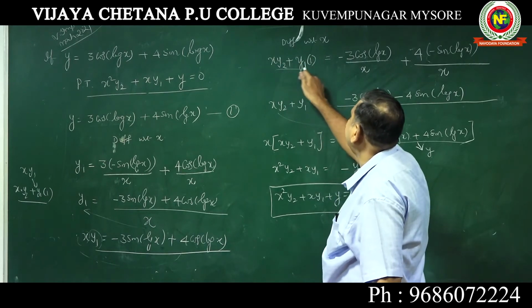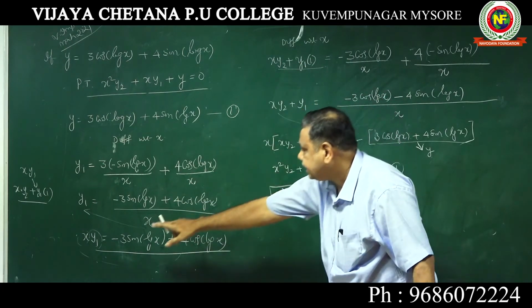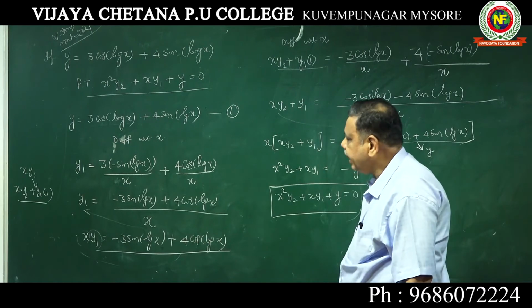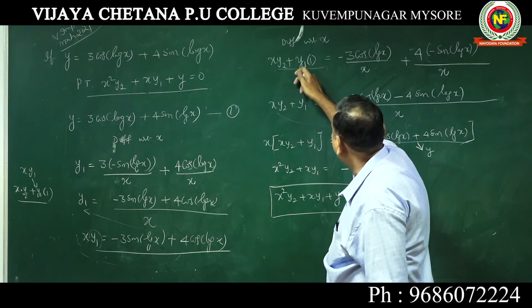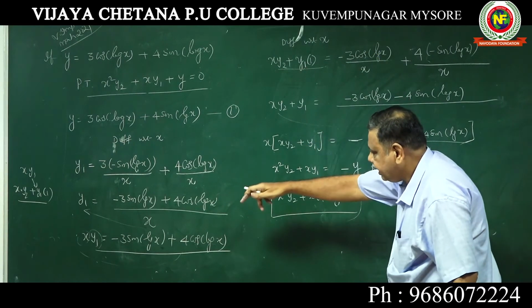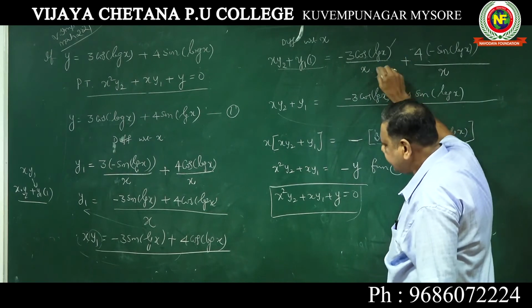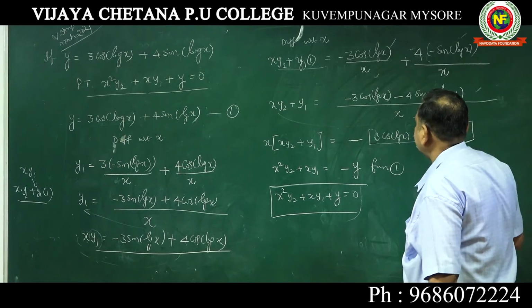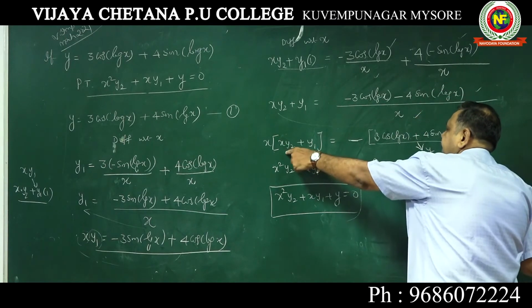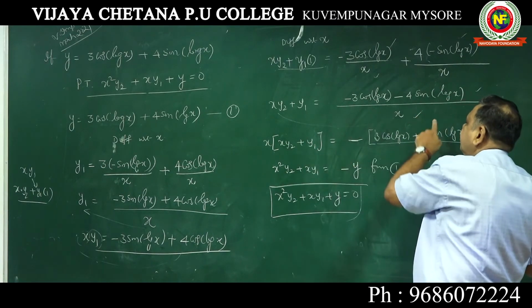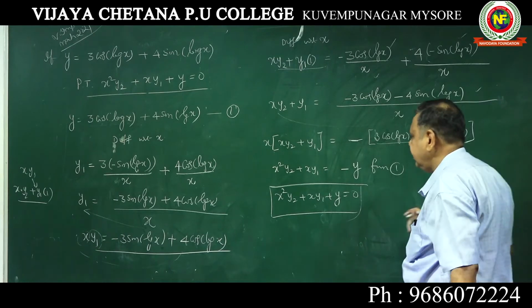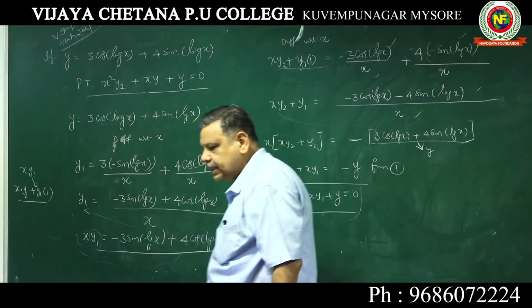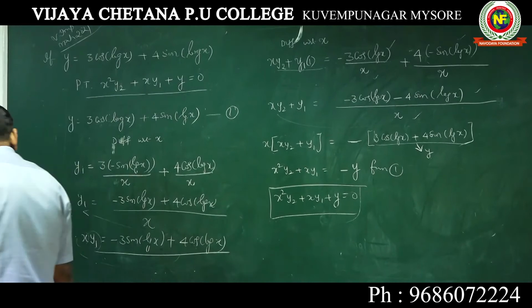When you are differentiating, for product rule you have to apply, x into y2 plus y1 into 1. Here when you are differentiating, minus 3 cos log x by x. Similarly, minus 4 sin log x by x. Take LCM x, cross multiply, x square y2 plus x y1 plus y is equal to 0.